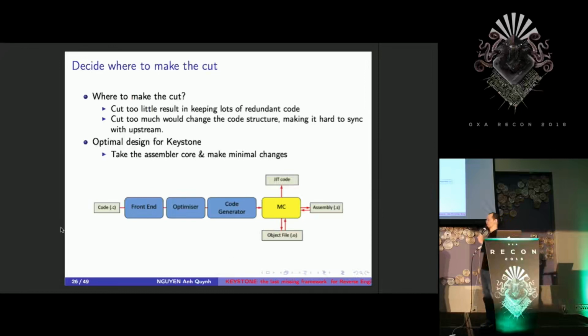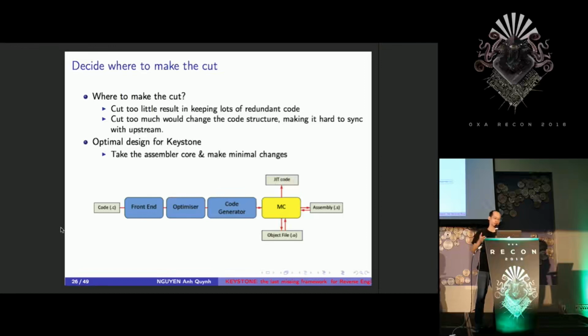So I had to decide where to make the cut for MC, because MC has many different components inside. I need to make a cut, so I take out only what I need. The question is where to make the cut, because if you cut too little, you keep many things you don't really need inside.